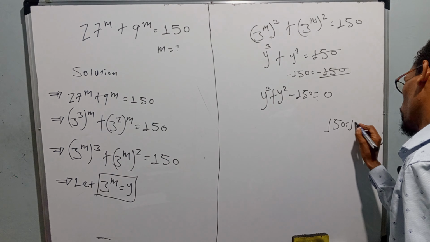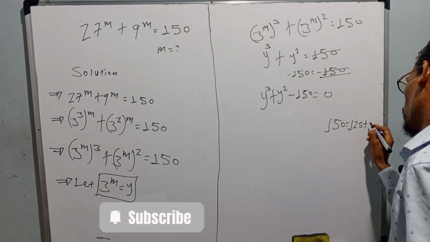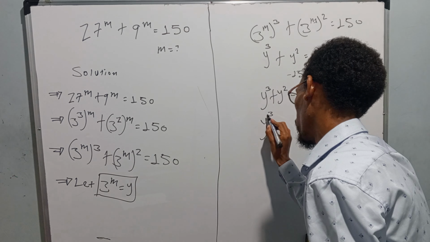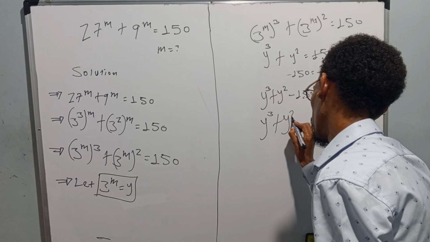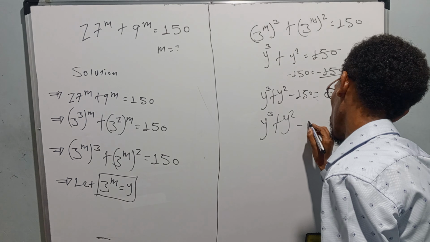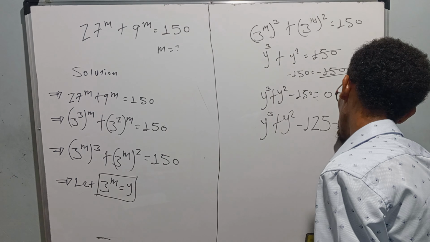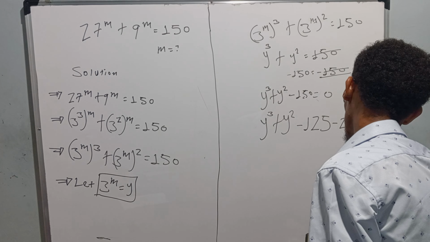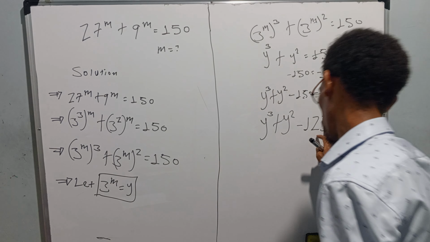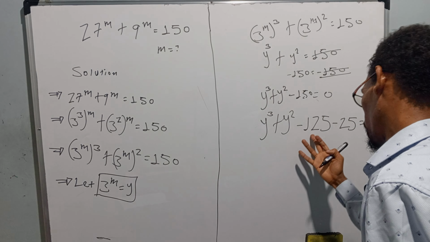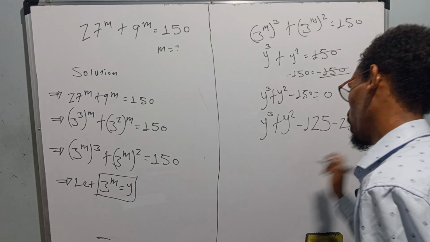That means 125 plus 25. So we replace 150 with 125 plus 25 in y cubed plus y squared, giving 125 minus 25 is equal to 0. But 125 and 25 can be expressed in terms of their least prime factorization.